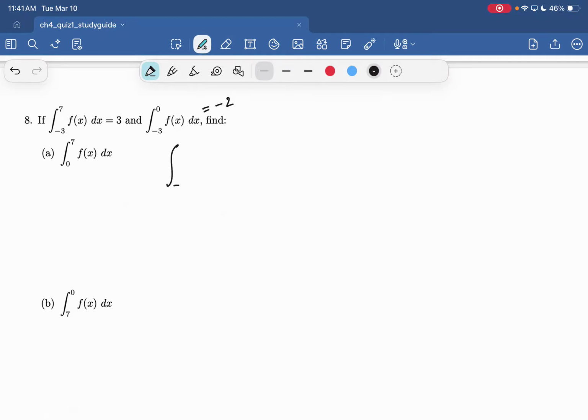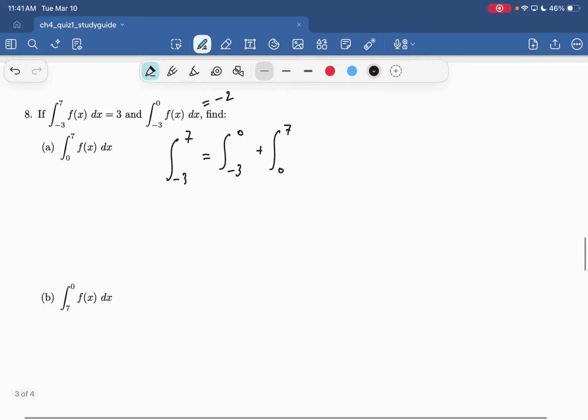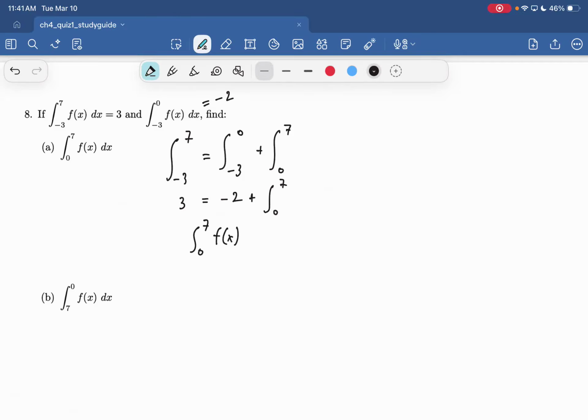So the integral from -3 to 7 is equal to the integral from -3 to 0 plus the integral from 0 to 7. And so that means that 3 equals -2 plus the integral from 0 to 7. And so the integral from 0 to 7 of f of x dx is equal to 5.